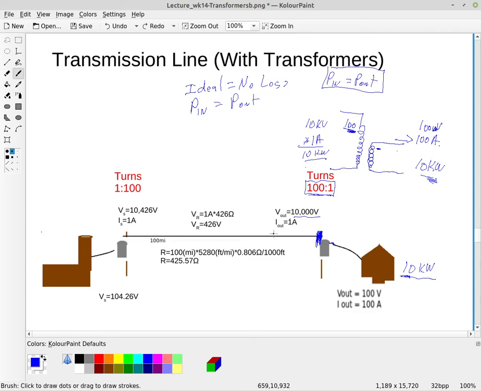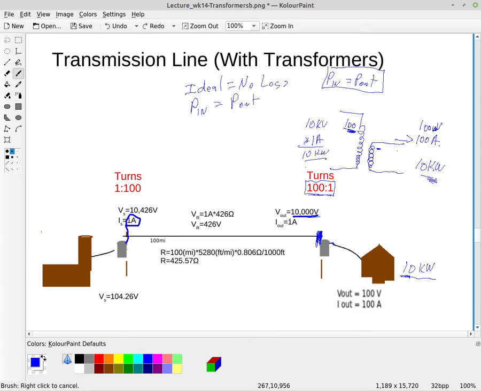Now I know that sounds like a lot, but remember that the voltage at my house is 10,000. On the left side of my house, this voltage here is 10,000. And so 426 compared to 10,000, that's not very much. That's just a fraction of 10,000 volts. So then when we look at this side of the transformer at the power company, it's at 1 amp.